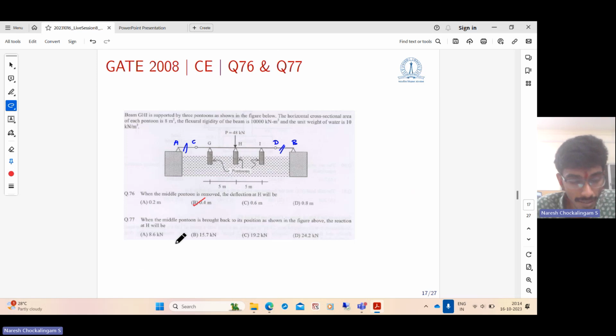For the second part of the question, it is said that the middle pontoon is brought back to its position as shown in the figure above. What is the reaction at H?